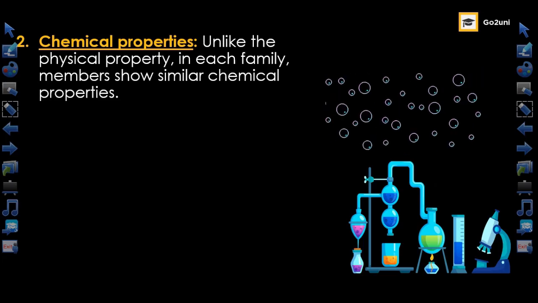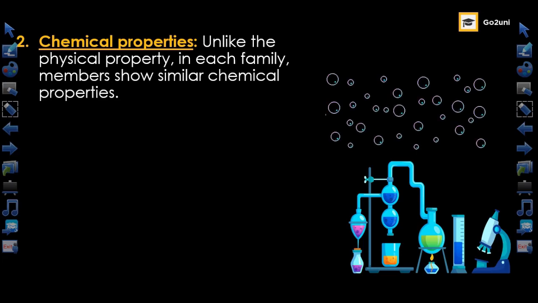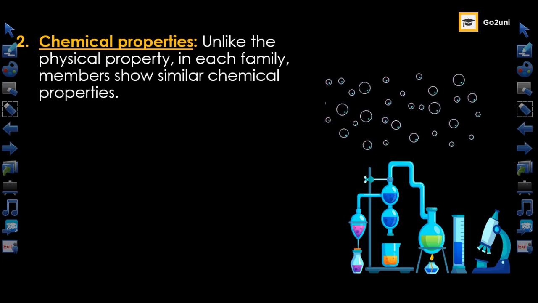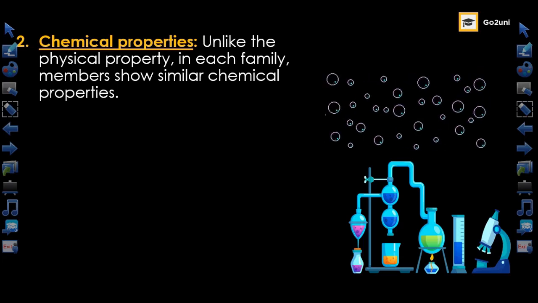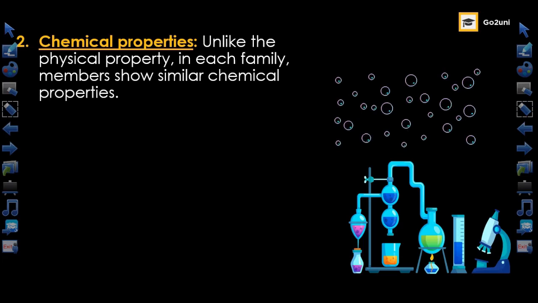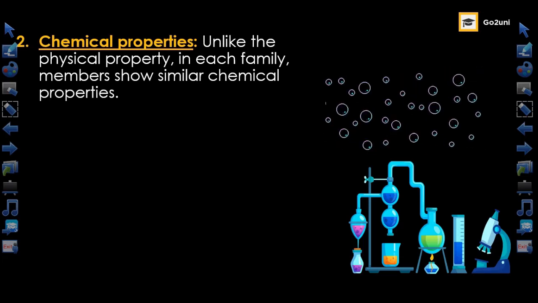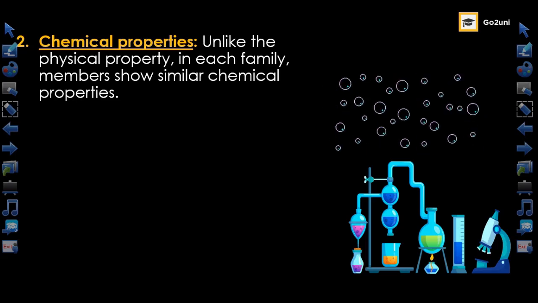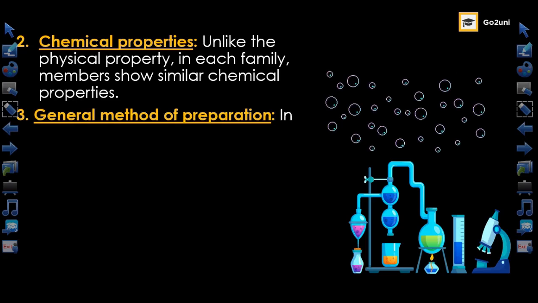Chemical properties of the members of any homologous family are similar. They are similar because they tend to have the same method of preparation. They also have the same molecular formula. So their chemical properties are similar. Why?